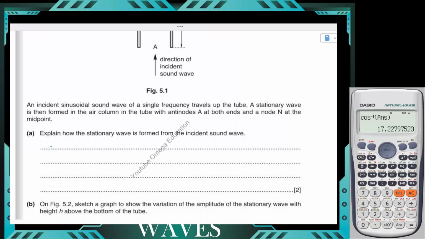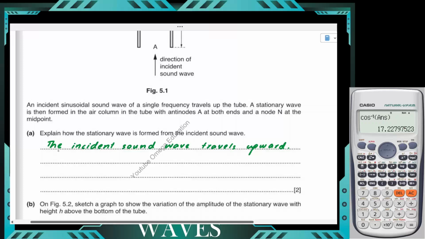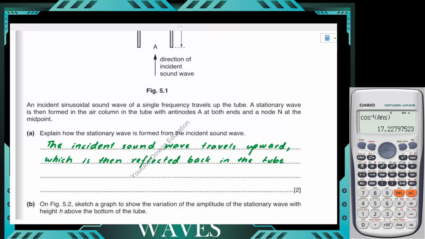So what do we say? The incident sound wave travels upward, which is reflected in the tube. Now we have two waves: one is the incident wave, the other one is the reflected wave. These two waves have the same frequency and everything else is the same, for example time period, wavelength, speed.